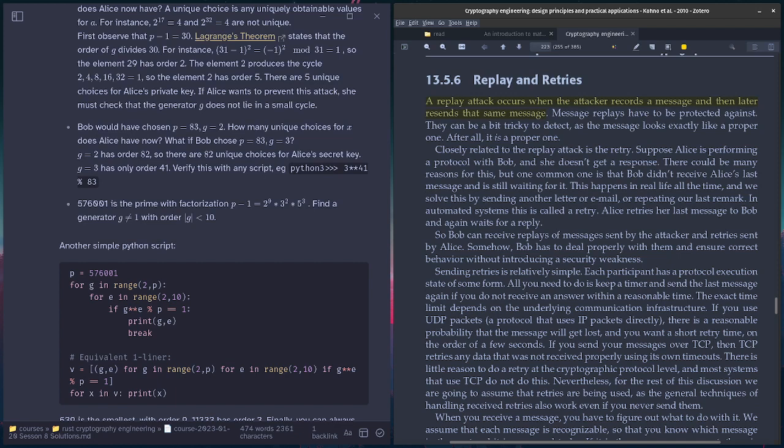So the group g equals 2 and p equals 83. 2 generates, I believe, the entire group. So there are 82 choices for Alice's secret exponent. But if Bob instead chose g equals 3, then the number of choices halves.